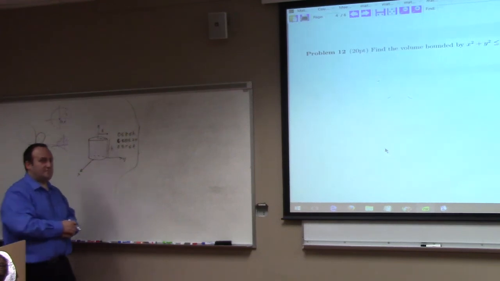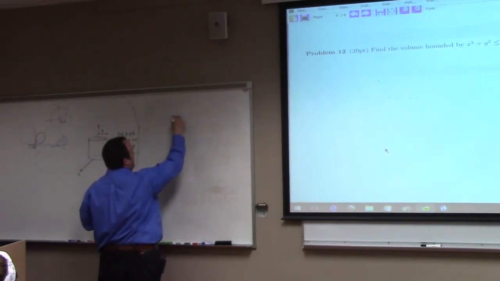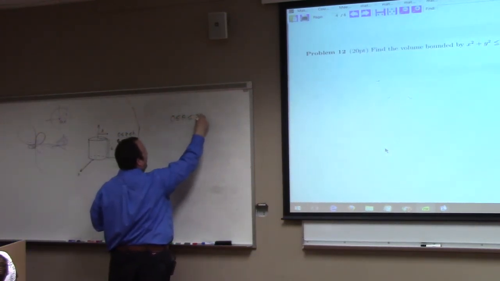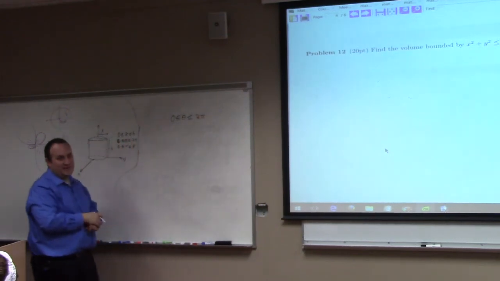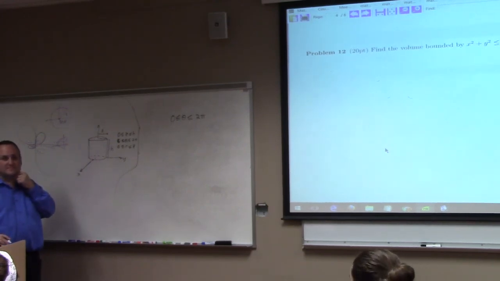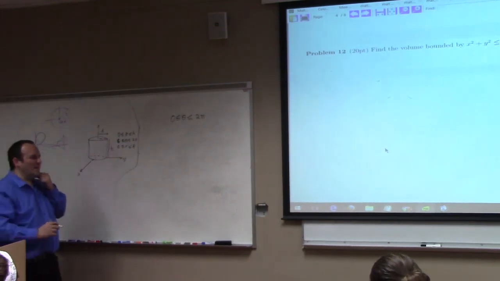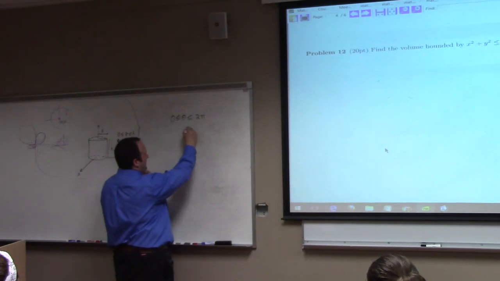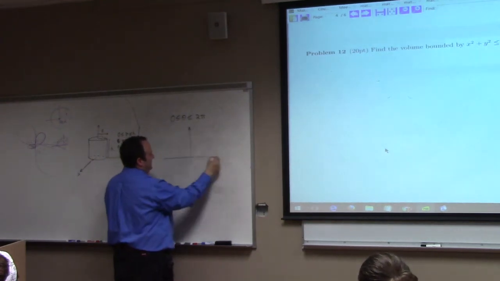I'll start us out. 0 less than or equal to theta less than or equal to 2 pi. I picked the low-hanging fruit because it's obvious we go all the way around. But then what? You have to think about it. It's helpful maybe to draw a cross-sectional picture.